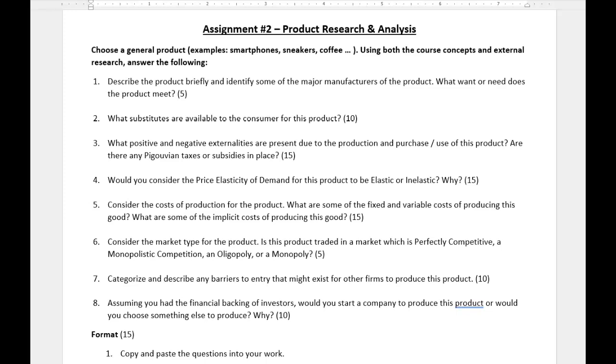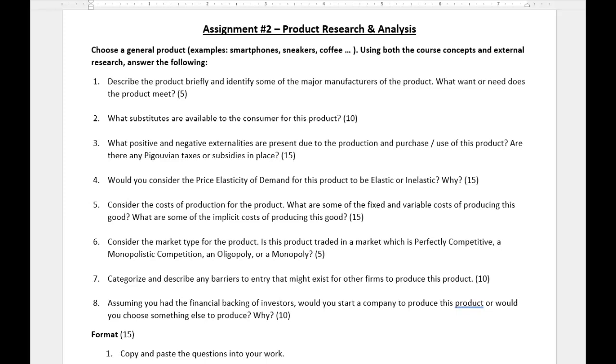In assignment number one, we were looking for a situation and then trying to explain it through our economic theory. In assignment number two, what we're going to be asking you to do is more applying your economic theory to the analysis of a situation.